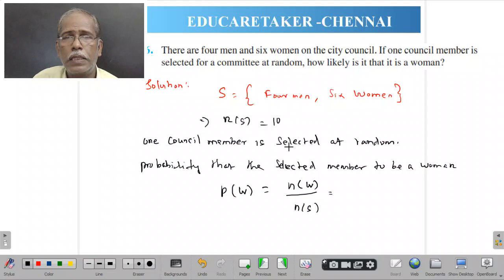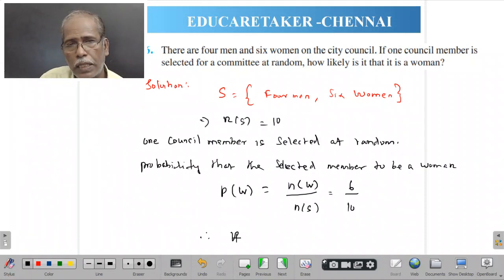The number of women in the council is 6 out of 10. Therefore, the required probability, how likely it is that it is a woman, is the lowest form of the ratio, 3 over 5.